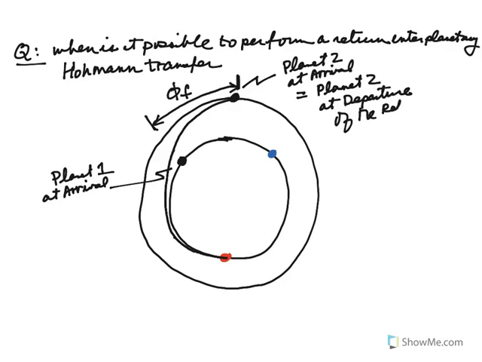Well, if that's the case, then this blue, this is where planet 1 has to be at departure of the return.